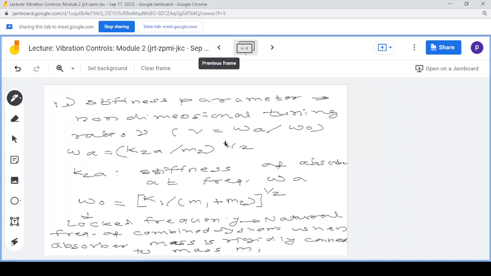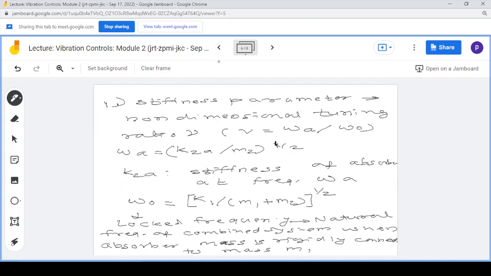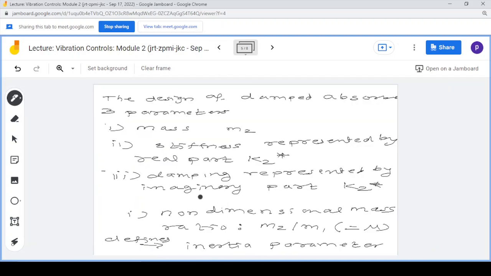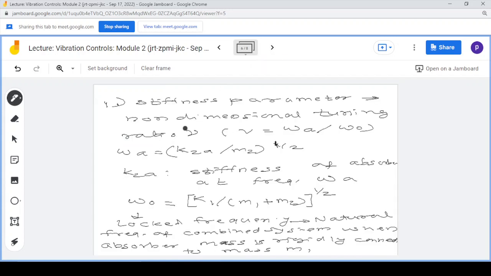Which are they? The first is this mu, the inertia parameter. The second, nu, is the stiffness parameter, right?